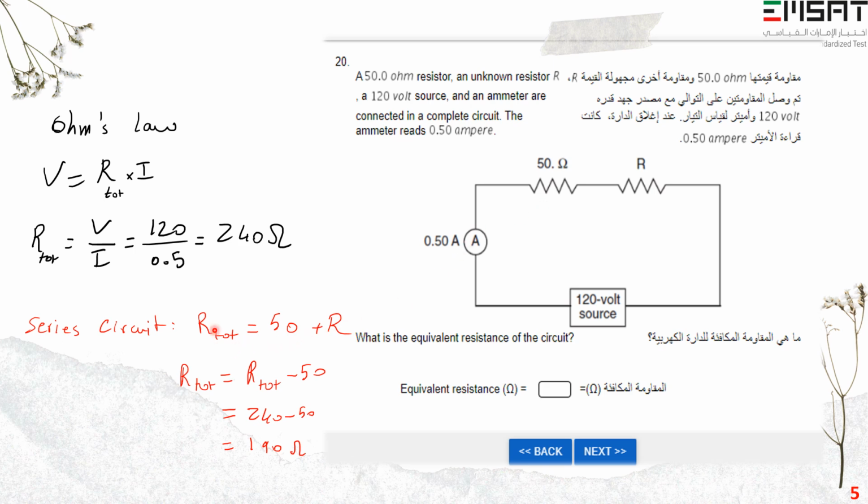So R total, which is already calculated, 240, is equal to 50 plus R, the other resistance that we don't know. By arranging the equation, R will be equal to R total minus 50. So the answer is 190 if they ask for the value of R, the other resistance.